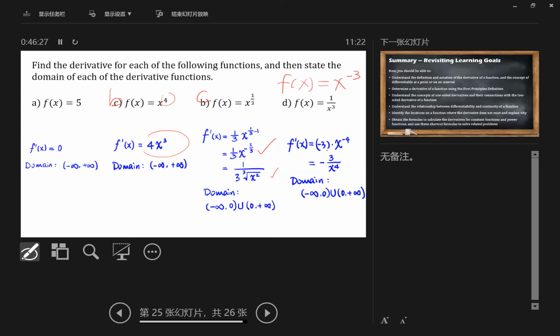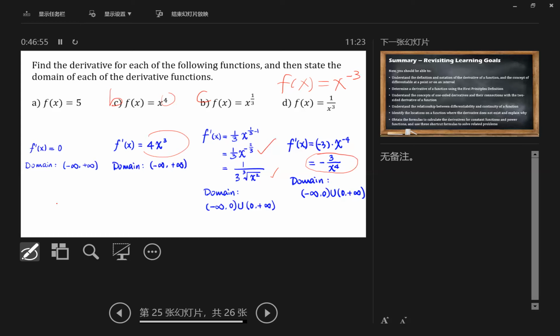That becomes -3 times x to the power of -4, which can also be expressed as -3 over x to the power of 4. Again, x cannot be 0. Therefore, the domain is negative infinity to 0, union with 0 to positive infinity. You understand? Do you understand?